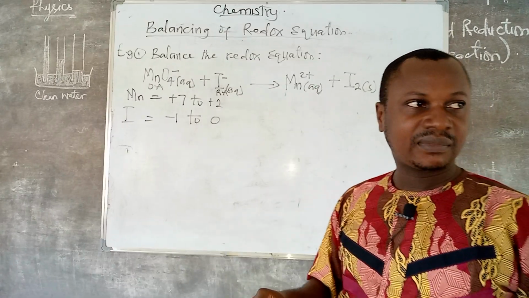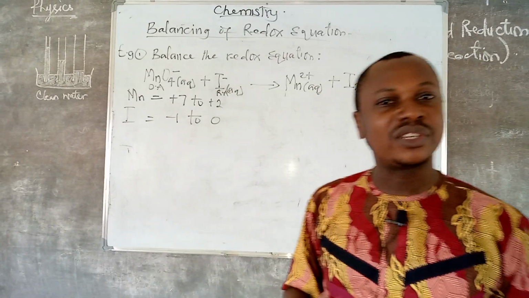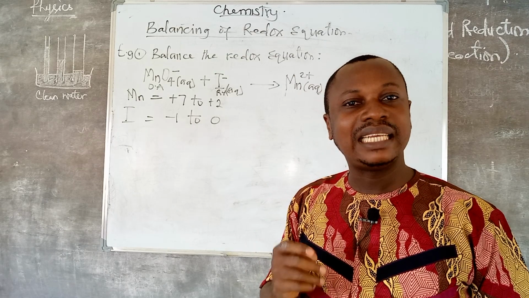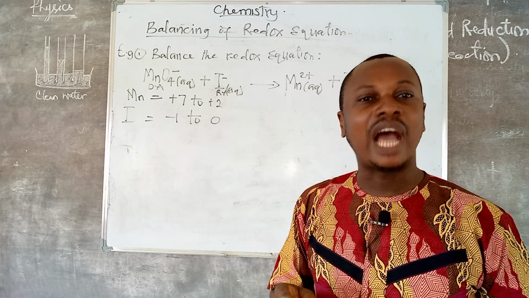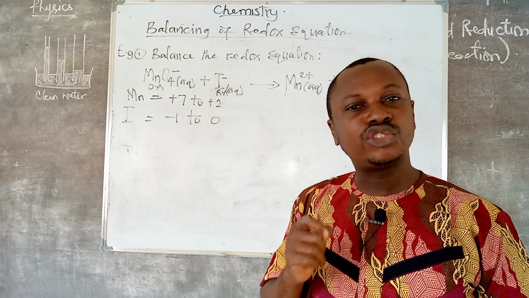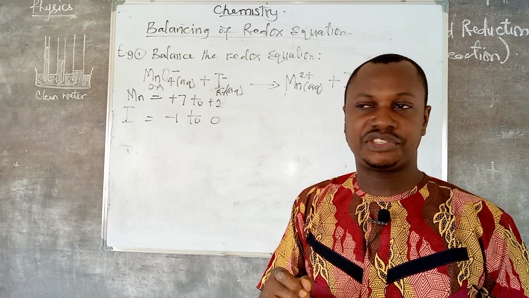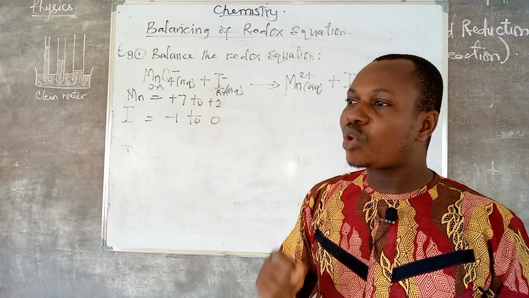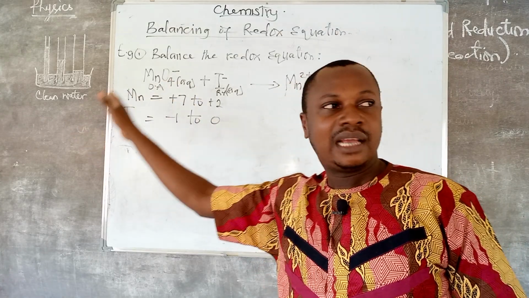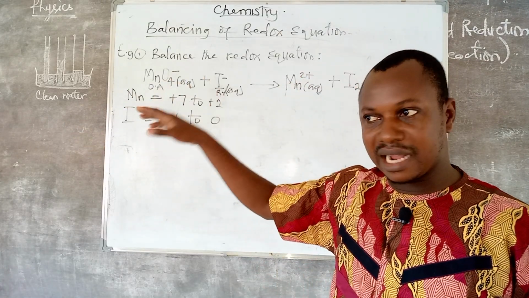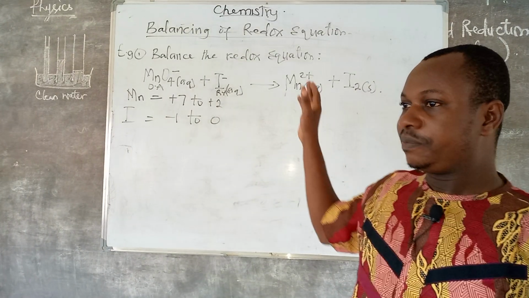Don't forget that the first step in balancing the redox equation says that we should identify the oxidizing agent and the reducing agent. How do you do that? You do that by considering their oxidation number changes. Consider the oxidation number of manganese here at the reactant side, and consider the oxidation number of the same manganese at the product side.